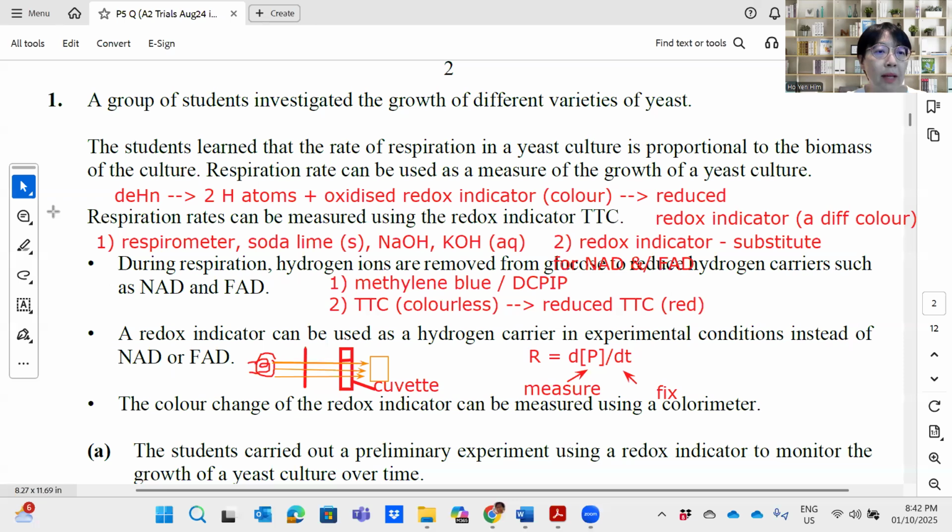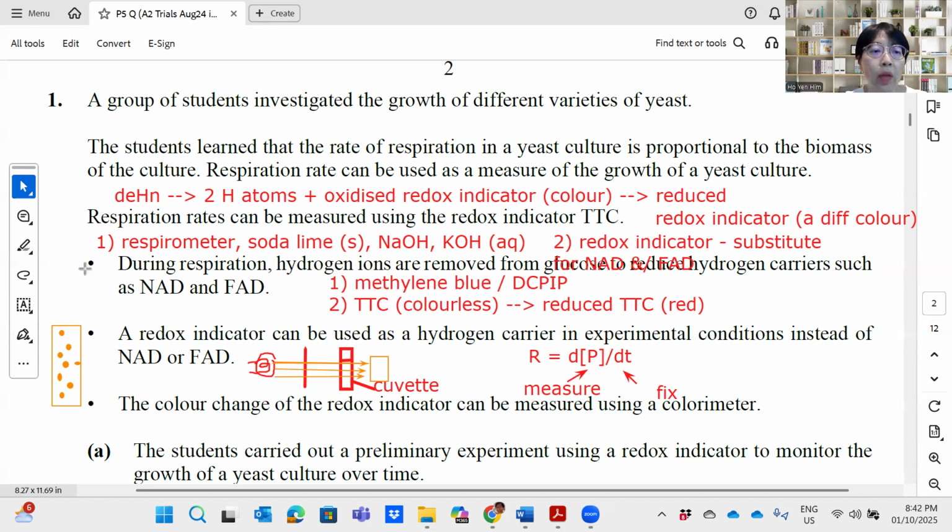Therefore, in the cuvette, when you have got a lot of the particles, the red color particles, the reduced TTC, so these are the particles inside it. What happens when you have a lot of particles is that when you shine the light through this reaction mixture in the cuvette, the particles will absorb the light.